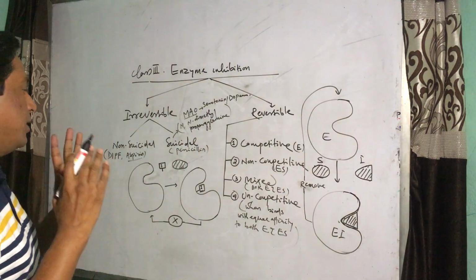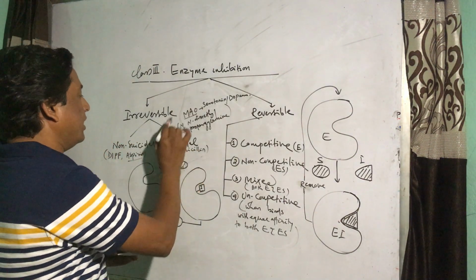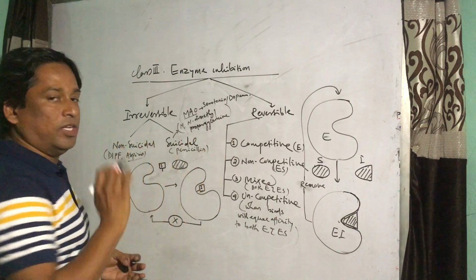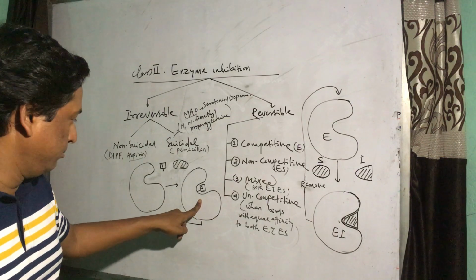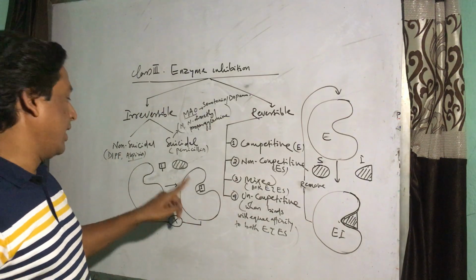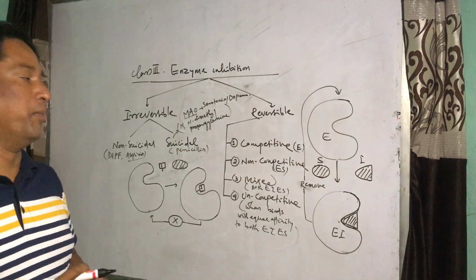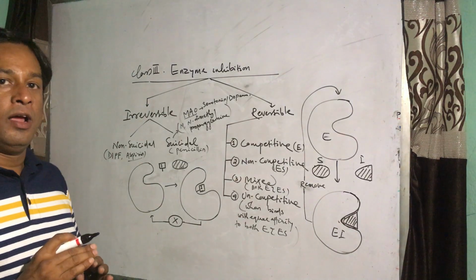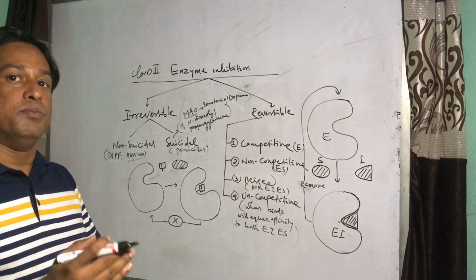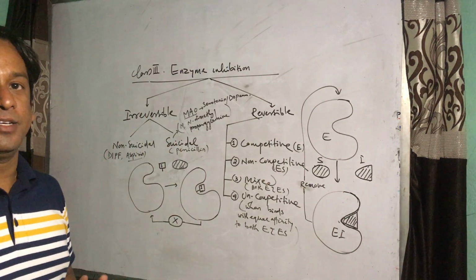Suicidal inhibitors, in the sense that here the inhibitor binds to the enzyme but doesn't directly inactivate it. Rather, it leads to the formation of a reactive intermediate which in turn binds to the enzyme, and that binding is much stronger than the binding of the initial substrate.